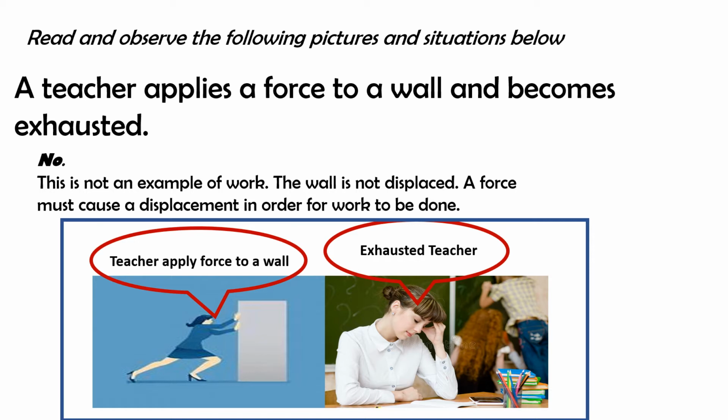Why? Because the wall is not displaced. It has been said that a force must cause a displacement in order for work to be done. So, in this situation, again, there is no work because the wall is not displaced.